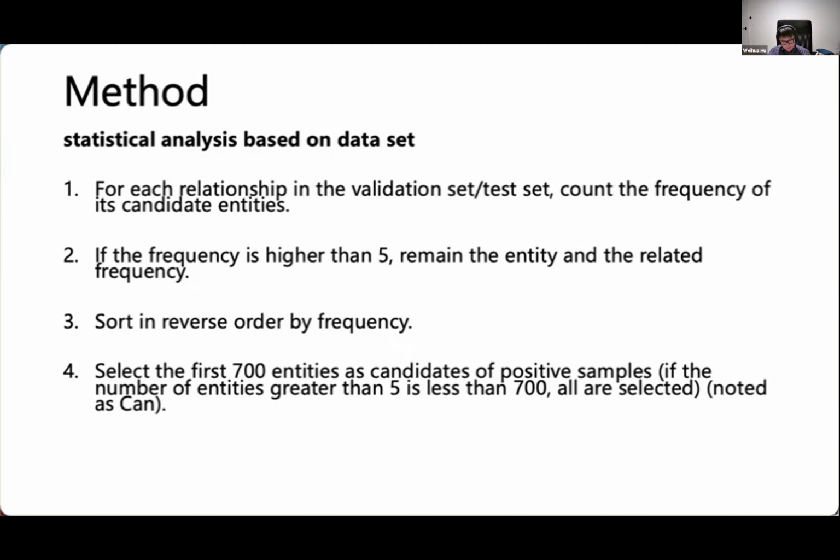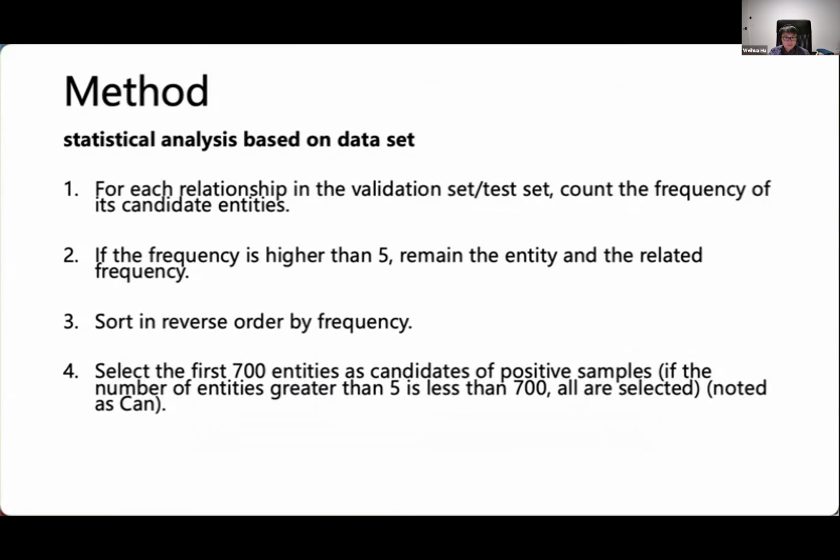Finally, I will show the details of the statistical analysis based on the dataset. Step 1: for each relationship in the valid dataset or test set, count the frequency of its candidate entities. Step 2: if the frequency is higher than 5, retain the entity and the related frequency.